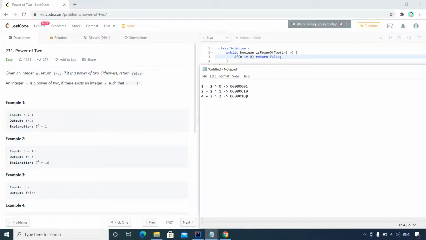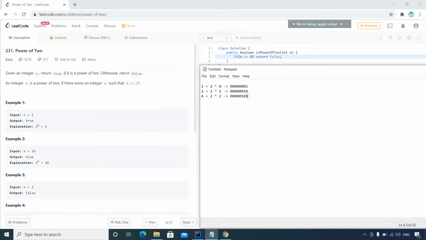So we can tell that if we check every bit in the binary representation, and if it has only one 1, it means that it is a power of 2, because if I add 1 here, it will be 4 plus 1, which is 5.